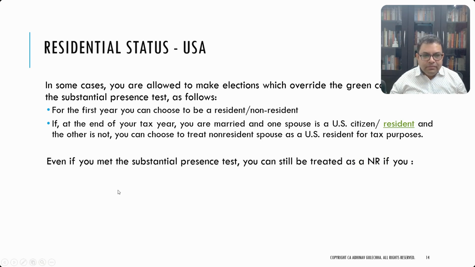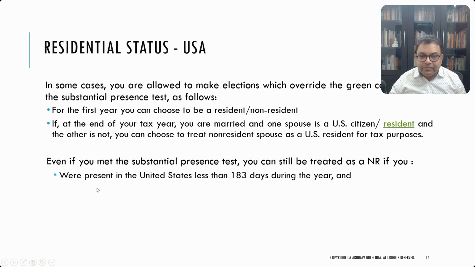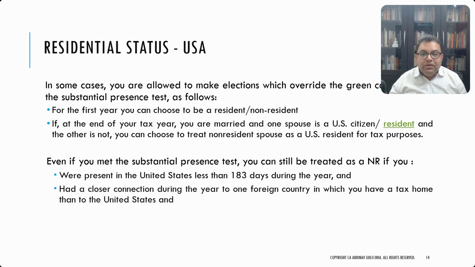Okay. Now, one important thing: even if you met the substantial presence test, you can still be treated as a non-resident if there are certain conditions. You were present in the US less than 183 days. You had a closer connection during the year to one foreign country in which you have a tax home than to the United States.